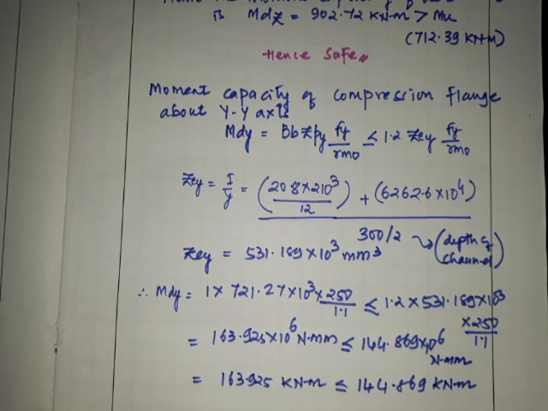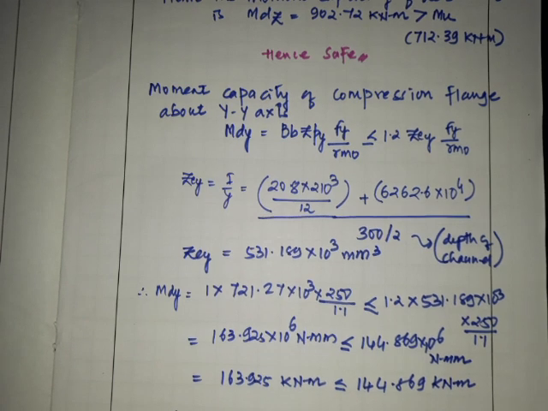Okay, so therefore the value of Mdy will be again the least of these two, so this will be 144.869 kilonewton meter, which is again more than our Muy, that is the lateral moment we have calculated already, which is more than Muy, therefore okay or safe.